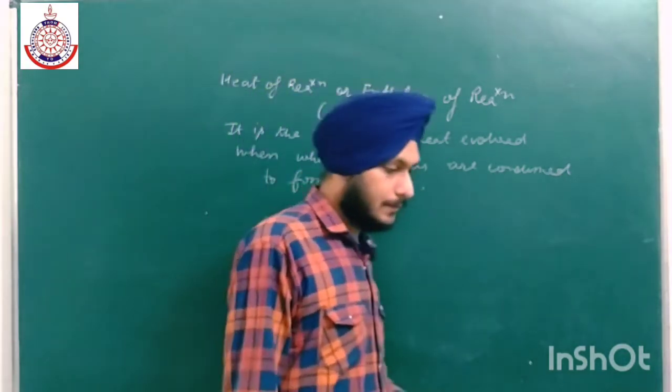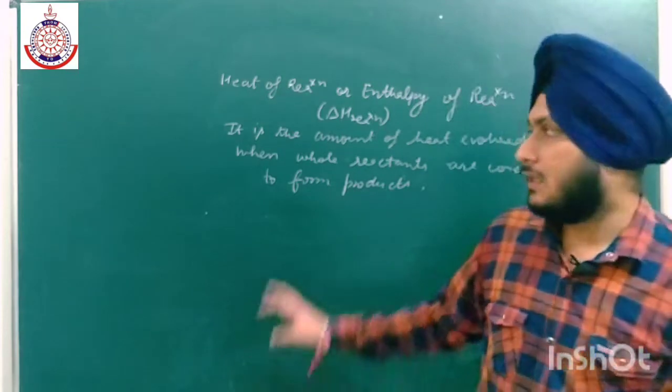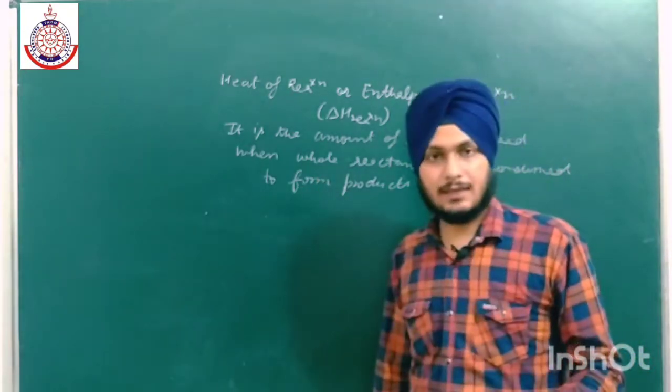So delta H reaction is the amount of heat evolved when all the reactants are consumed to form the products. तो ये जो है हमारे पास heat of reaction होगी और the enthalpy of reaction.